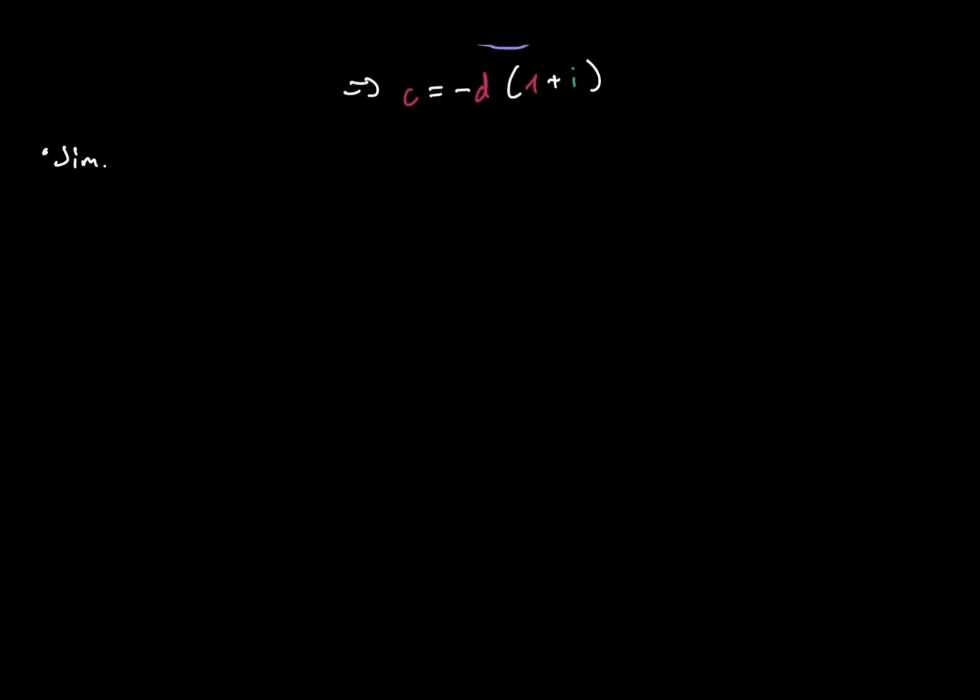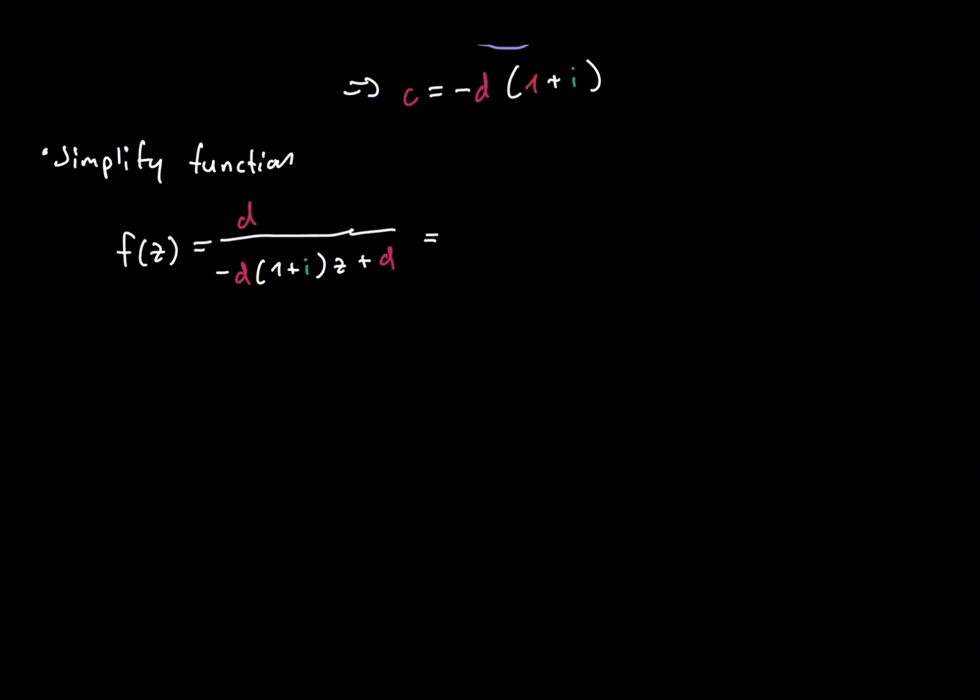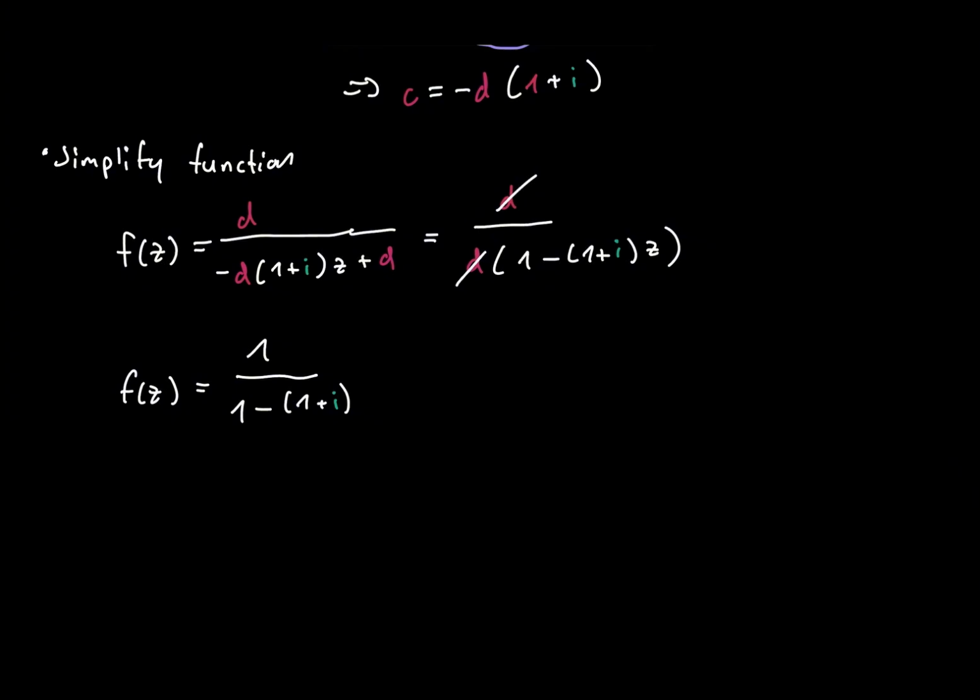The function becomes d/(-d(1 + i)z + d). Factor out d in the denominator. Then the d cancels. So the final result is f(z) = 1/(1 - (1 + i)z).